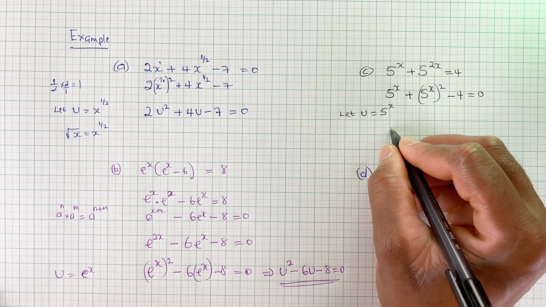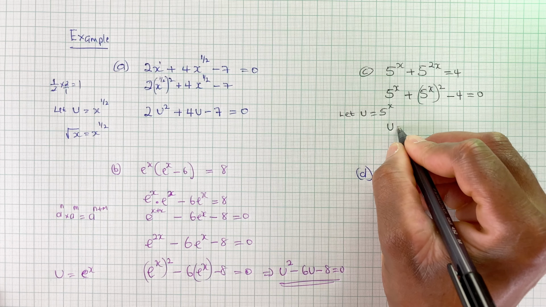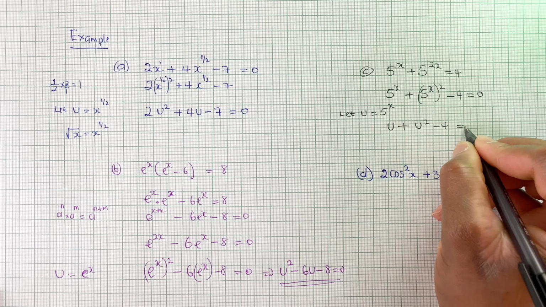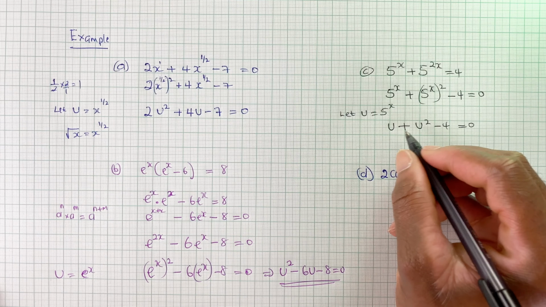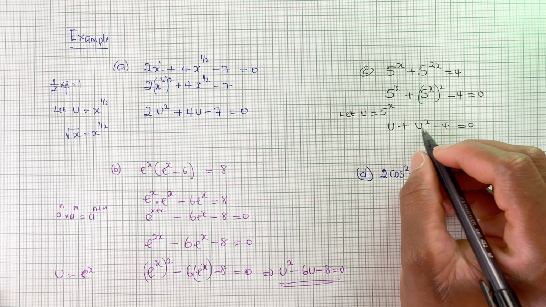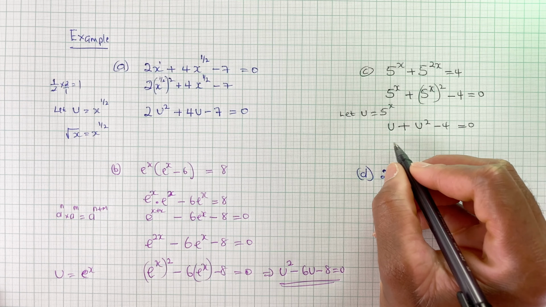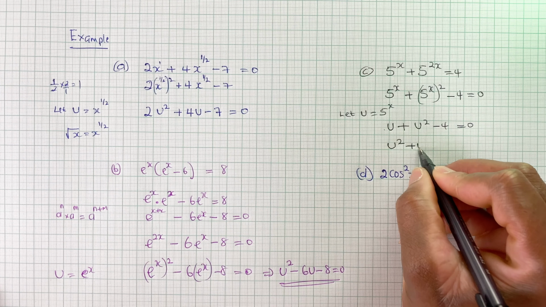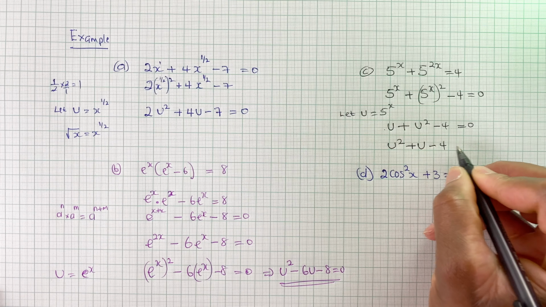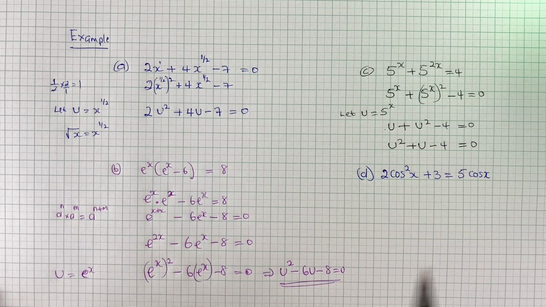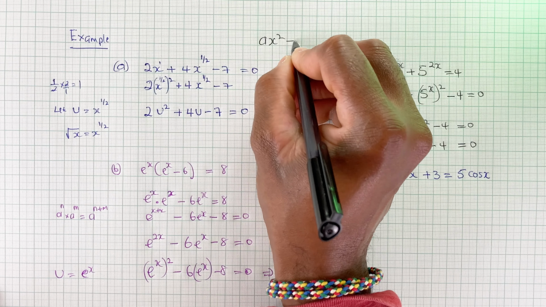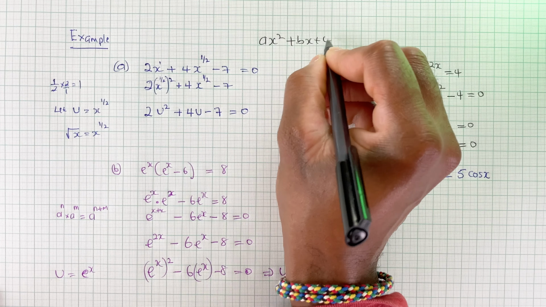So I'm going to get u squared plus u minus 4 equal to 0. You have to write the standard form quadratic, u squared plus u minus 4 equal to 0, similar to ax squared plus bx plus c.